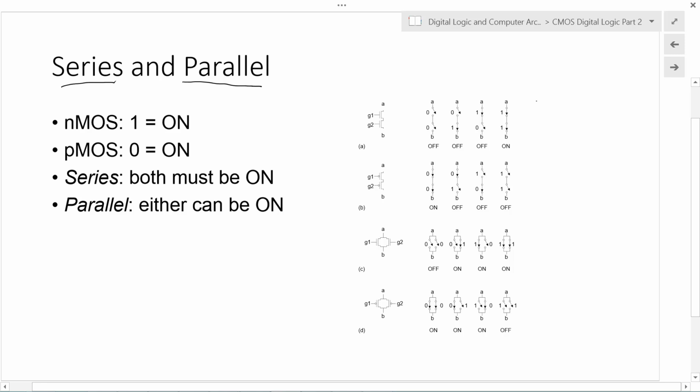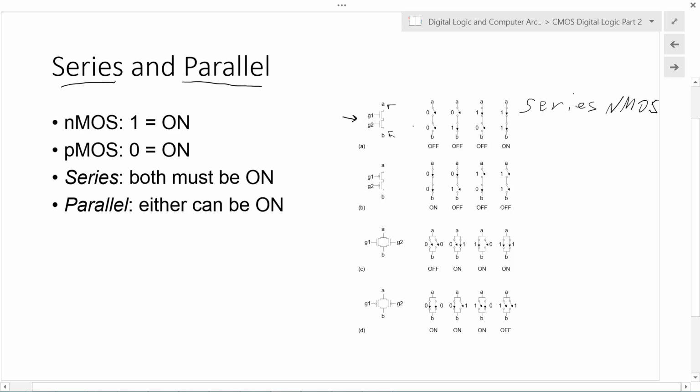First, we'll look at series NMOS. When we have NMOS connected in series, we want to think about an AND operation. So in this circuit here, we have a connection of two NMOS transistors in series with gates G1 and G2, and the nodes connected are A and B. Now, G1 and G2 represent the inputs.